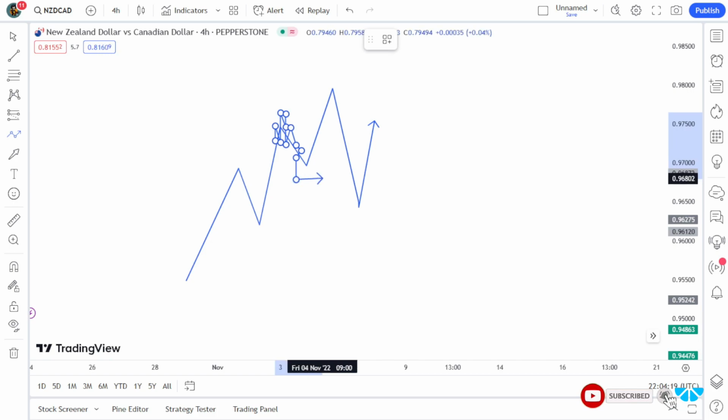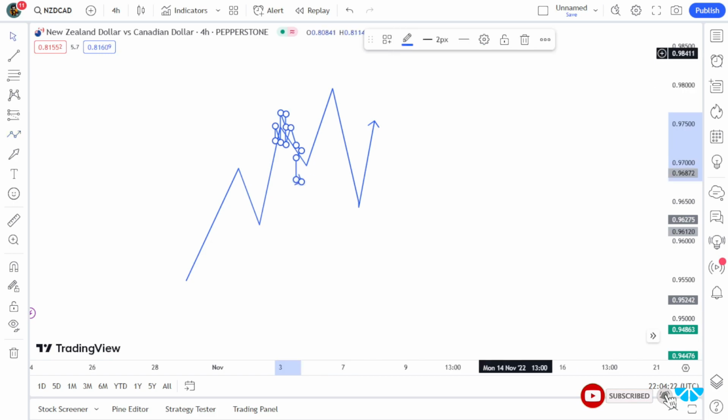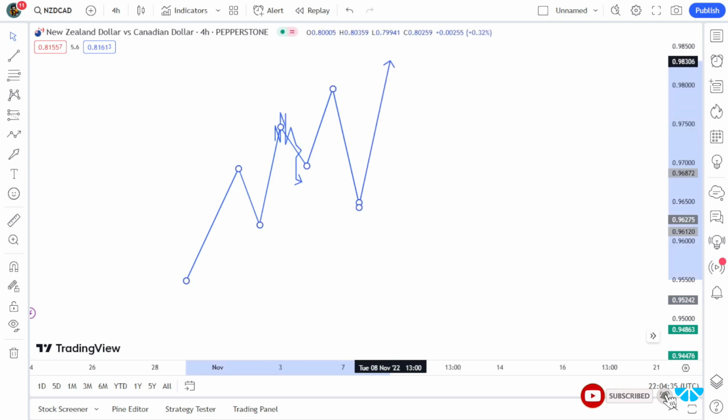Avoid those types of Quasimodo patterns because they are not predictable. We can't be sure of them, because there might be a lot of liquidity that may be taken out and might just drive the market higher.